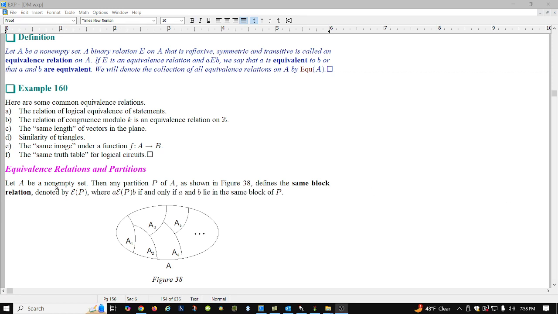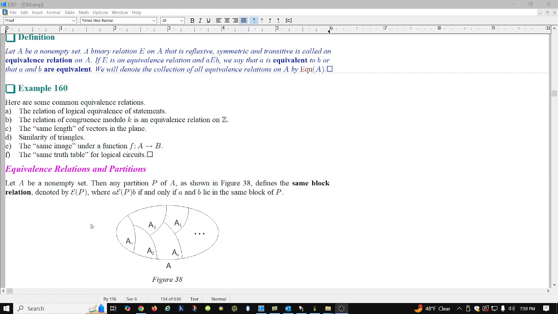There is a strong relationship between equivalence relations on a set and partitions of that set. So let's take a look at that. Let A be a non-empty set.